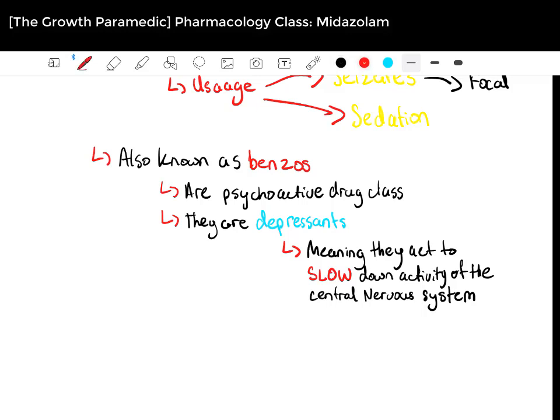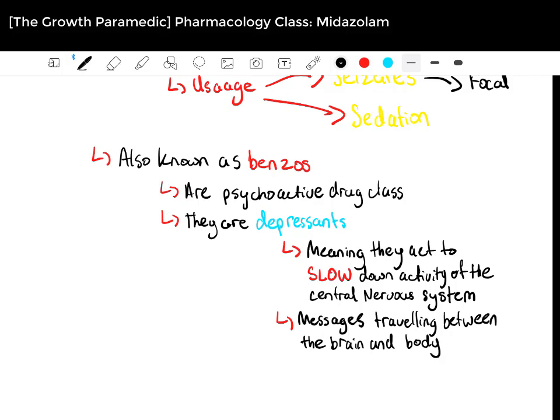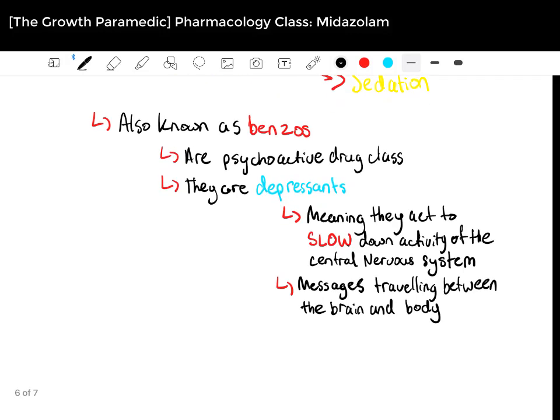This includes messengers traveling between the brain and between the brain and body.